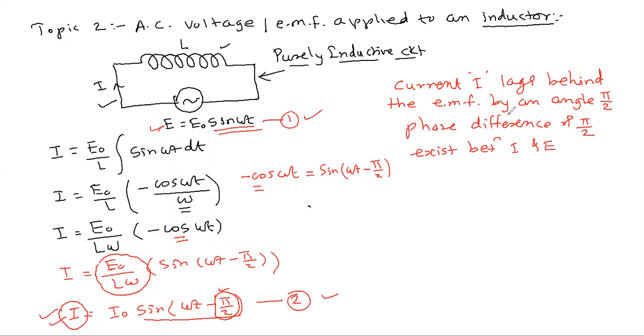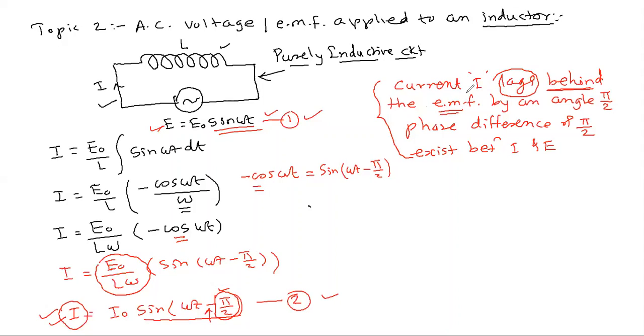You can have these wordings in other ways also. The current lags behind the EMF, or you can say the EMF leads the current by pi by 2. In either way, you can remember that the current I lags behind, because here you can see the minus sign.